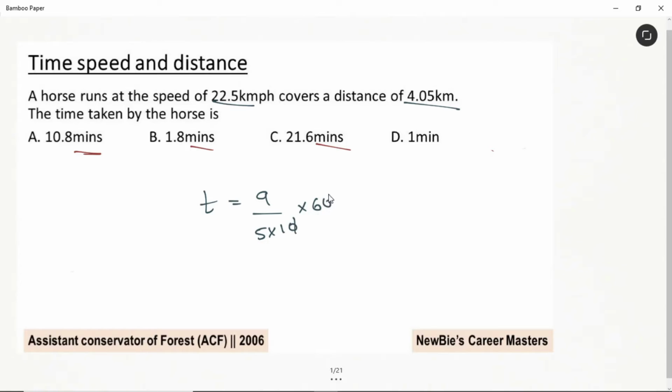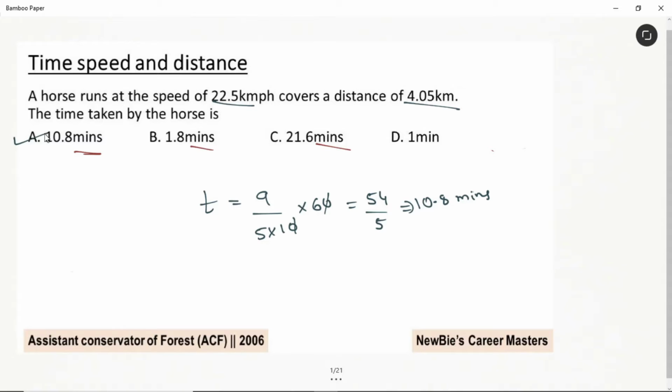See, the zeros will get cancelled. 54 divided by 5. Since you have multiplied 60 here, this hour value got converted into minutes. Now 54 divided by 5 is 10.8 minutes. Simple. What's the answer now? Option A is the answer.